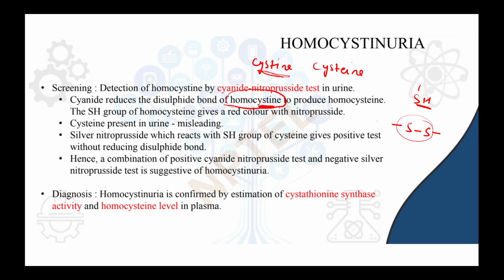If cyanide nitroprusside is positive but silver nitroprusside is negative, then it is due to homocysteine in the urine, and that condition could be homocystinuria.